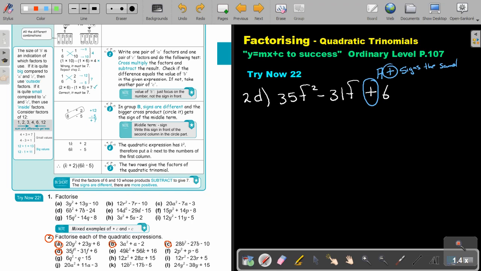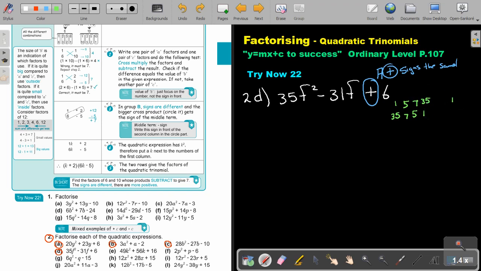So in this case, it's 35. Okay, so let's write it here. So it's 1 and 35, 2 not, 3 not, 4 not, 5 and 7, 7 and 5, 35 and 1.